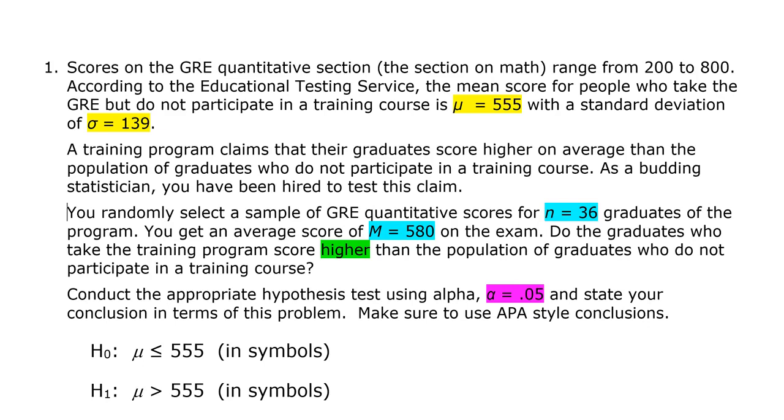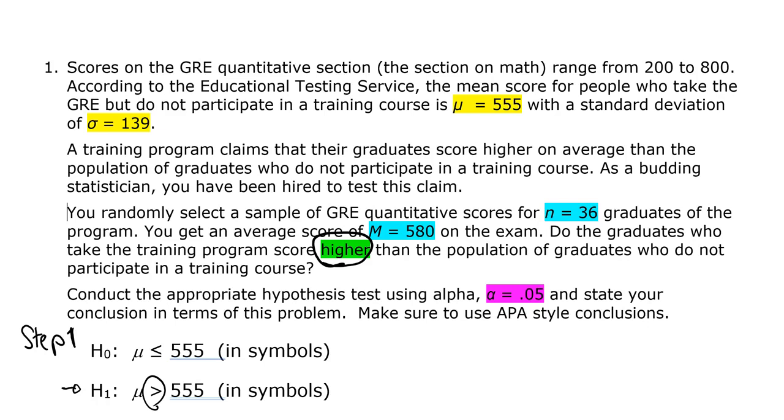All right, so step one is going to be our hypotheses. State. So here is step one. Okay. So our hypotheses, I typically like to start with the alternative or the research hypothesis, because in our problem it tells us that we're looking for a mu greater than 555, right?